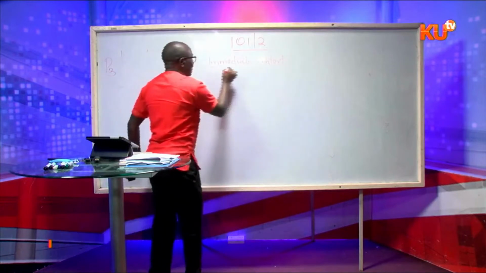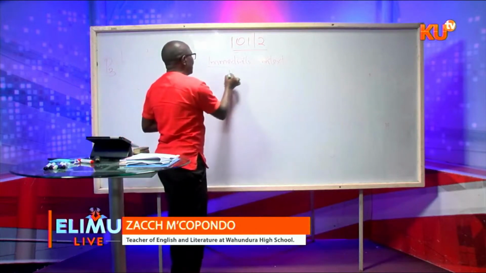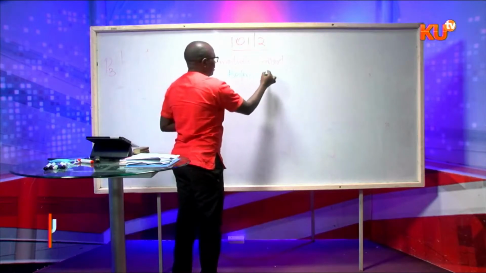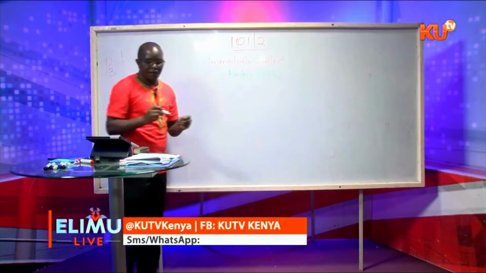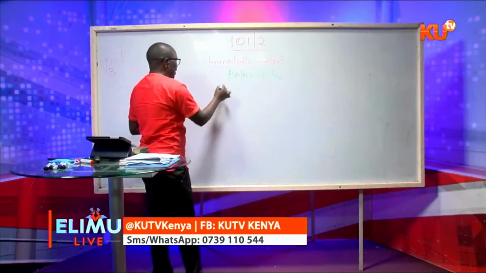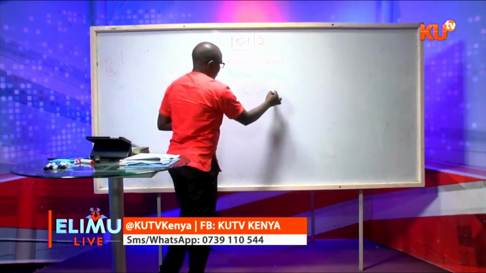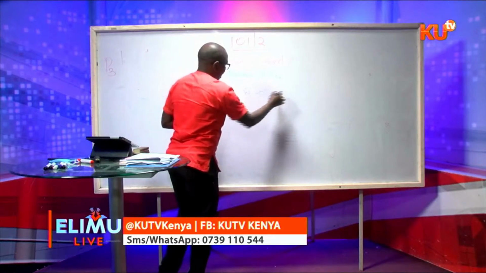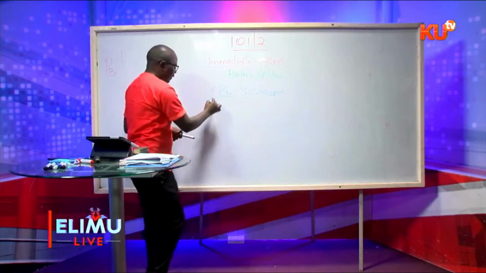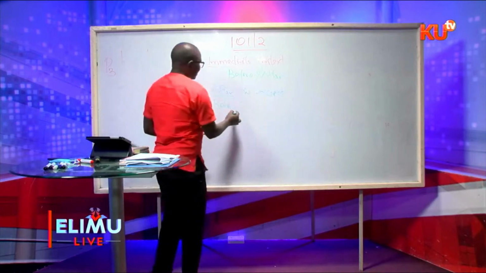So if the word is immediate context, then you need to explain what happens before and after. If you are told to state what happened after the excerpt, again, explain what happened simply after. If you're asked before, then you're simply supposed to give us the scene or the episode that comes before.